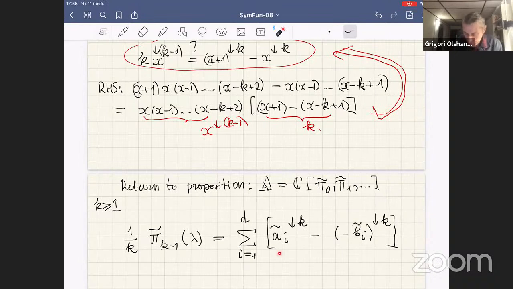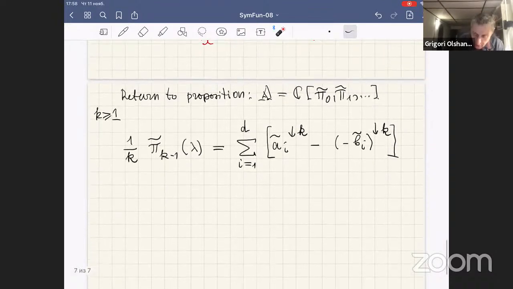So these are algebraically independent generators. And so it's enough to prove this relation. And how to prove it? The idea, there is a little trick.